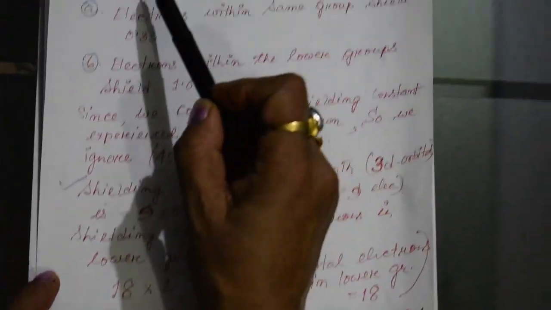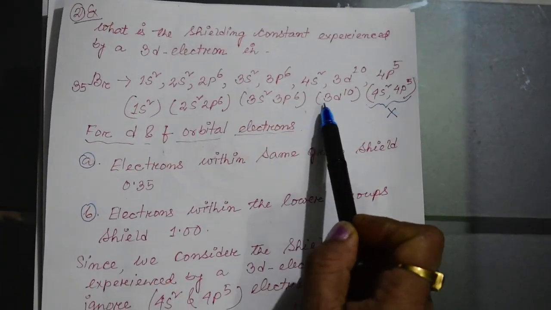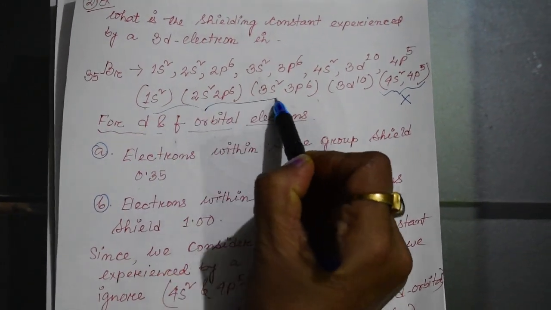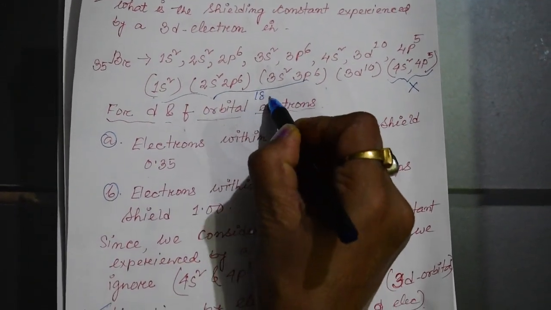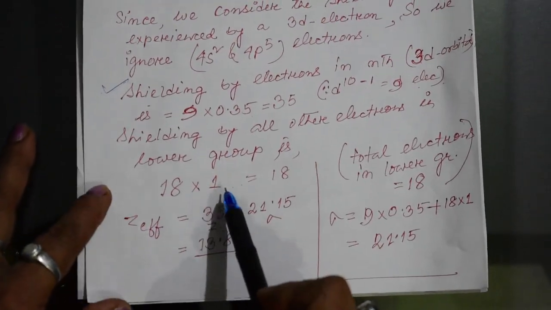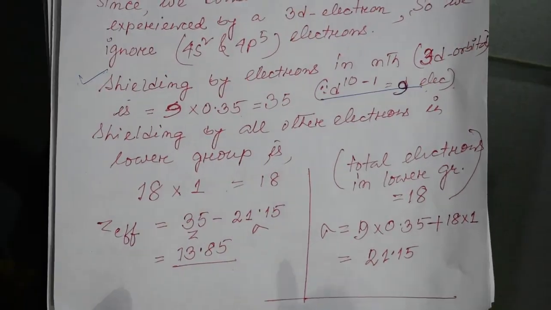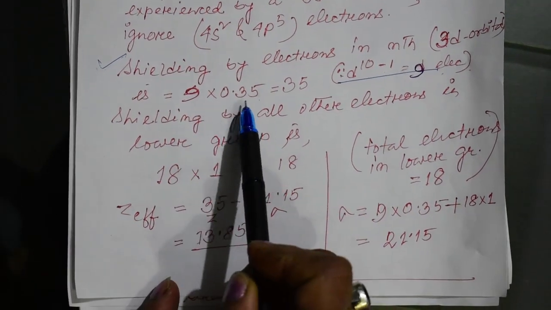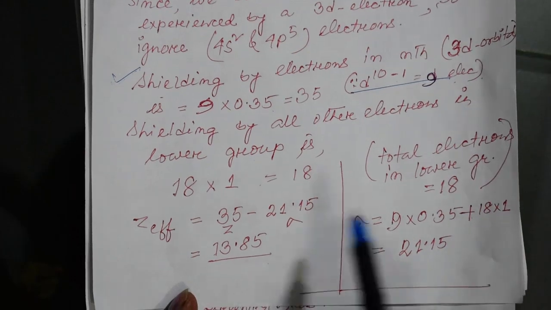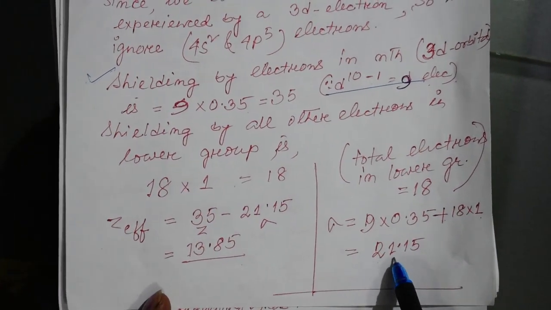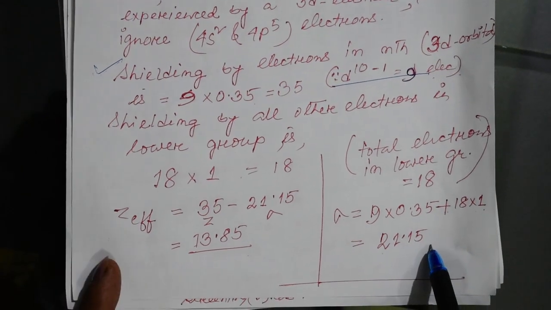The total number of electrons in these lower orbitals is 18. So these 18 electrons contribute 1.00 each, which will be 18. The value for the screening constant sigma will be 9 into 0.35 plus 18 into 1, which will be equal to 21.15.